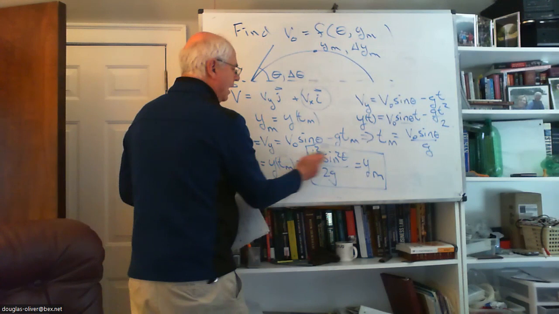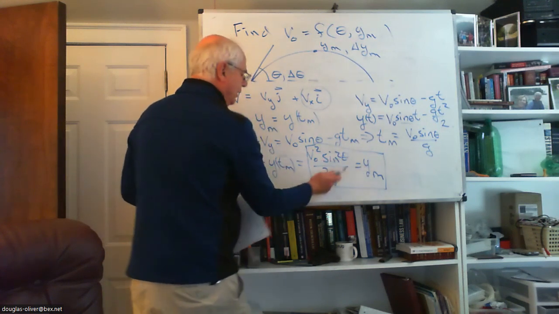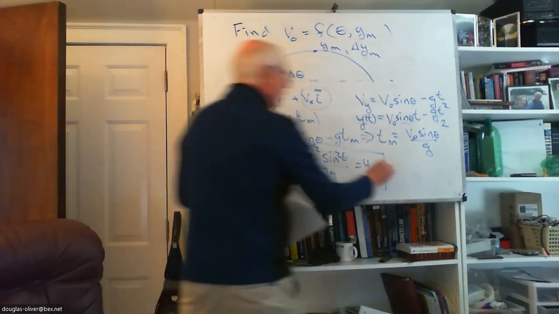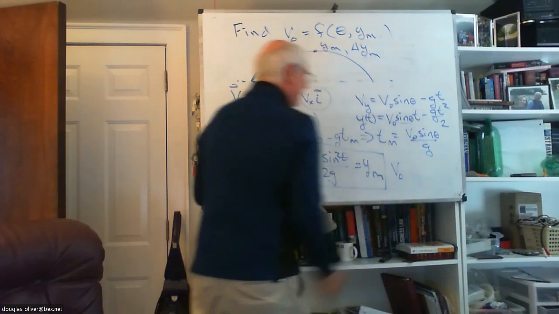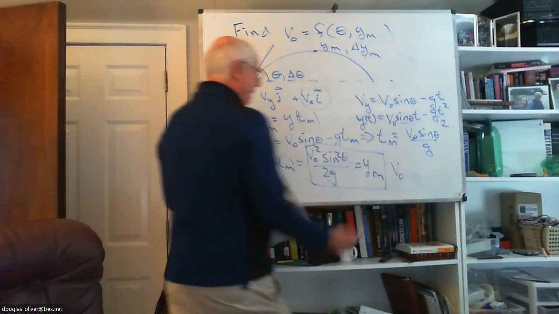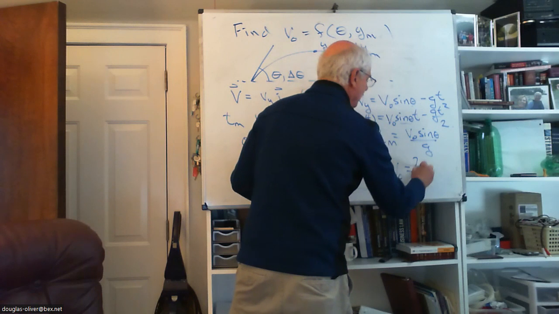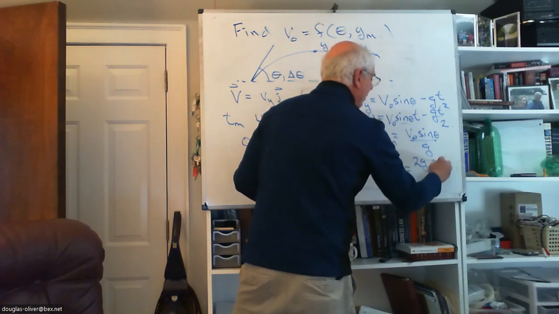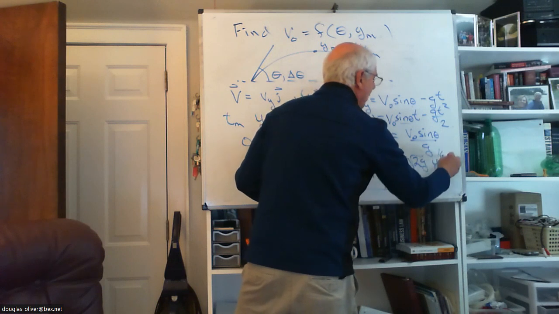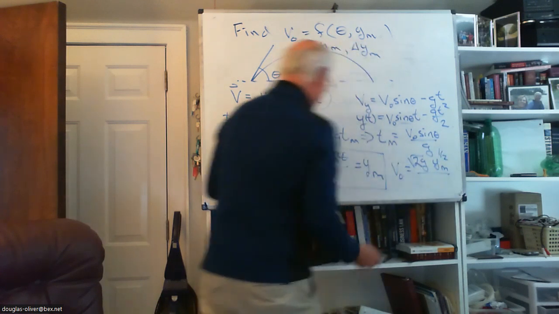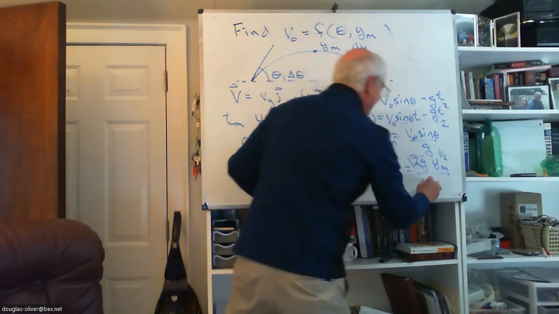Now let's put this y max over there and look at this equation. I have v naught, sine theta, y max, and g is a constant. I can rearrange this. The v naught, the initial speed, is equal to the square root of 2g y max, over sine theta.